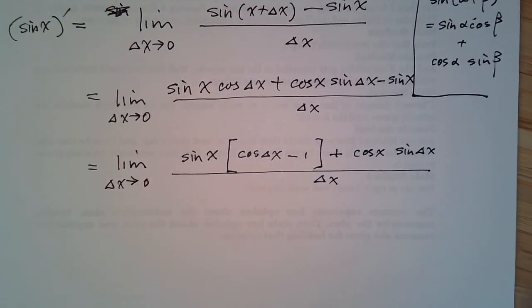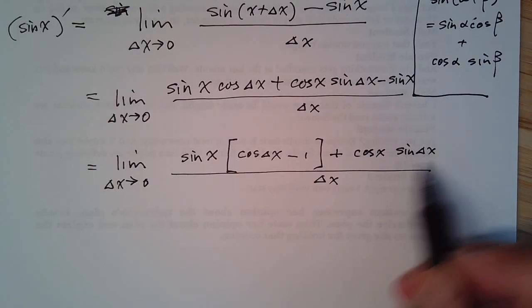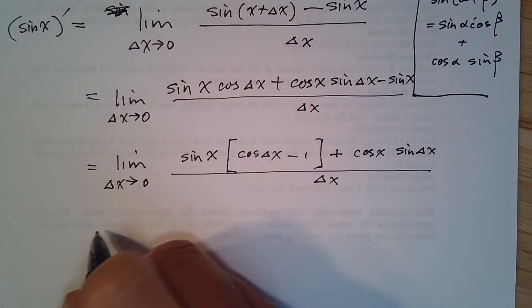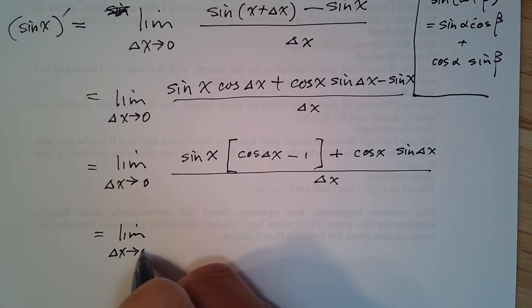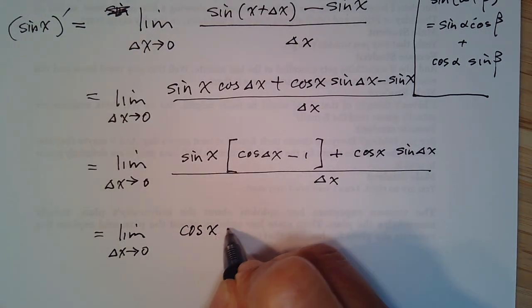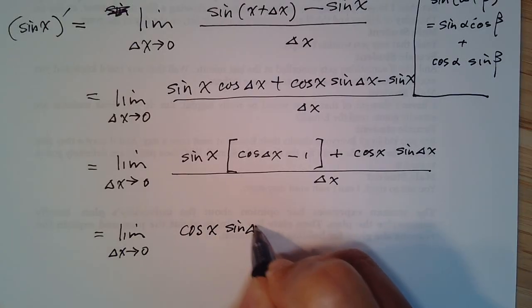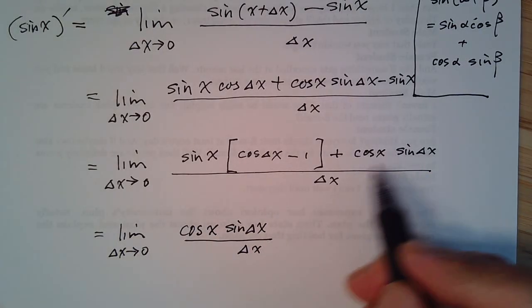Now I notice there's something that looks familiar. Here is sine delta x over delta x. So let me write that first: cosine x sine delta x over delta x. So far, that's this part, right?